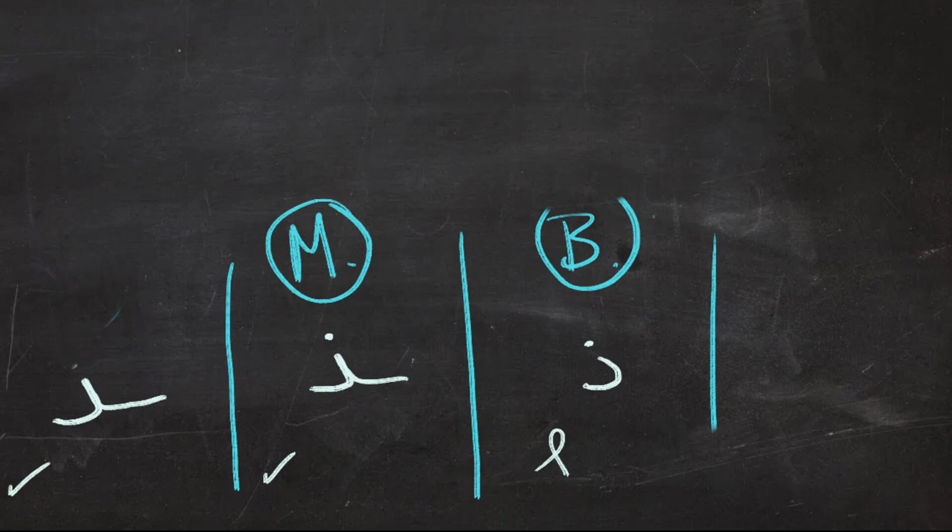Moving to the third letter of this lesson, and that is letter Ra. Ra is compared to a trilling R in English.